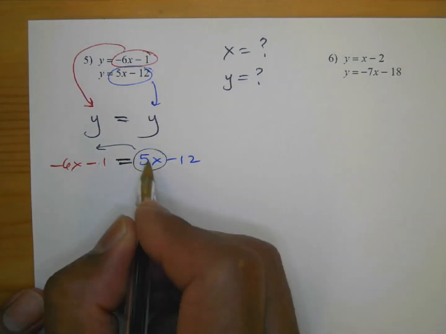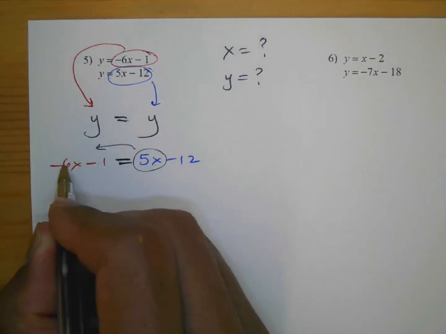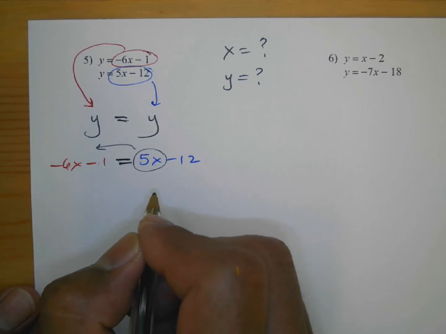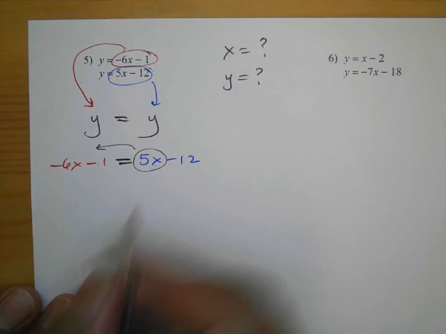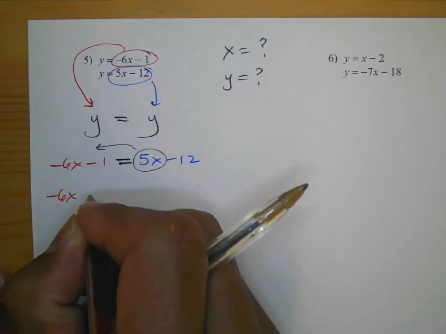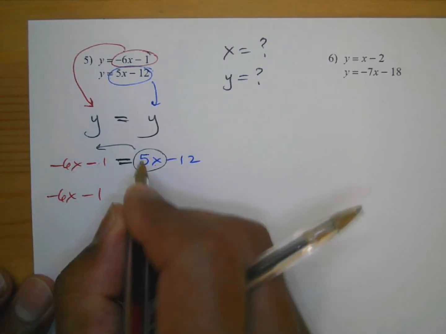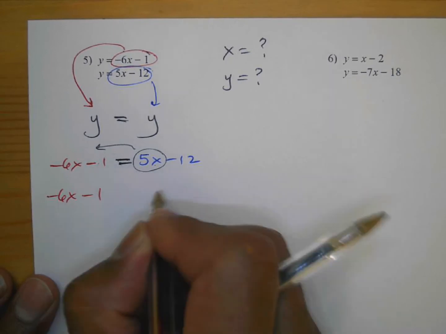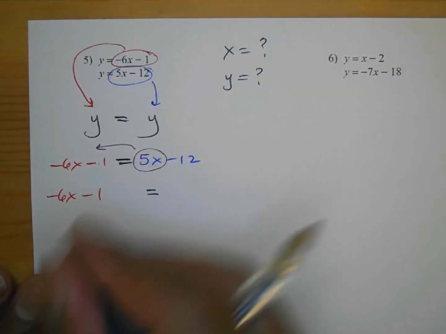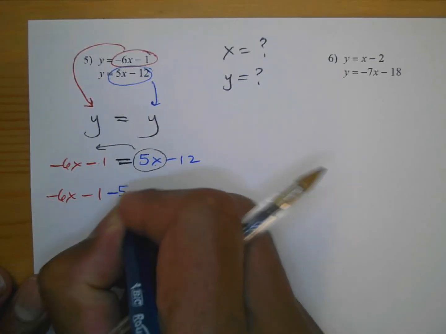I'm going to make two moves. If I move this positive 5x over to this side, all you have to do is change the sign. So if this is 5x positive here, and I now move it to this side, it's not positive 5x. It's going to be negative 5x. It changes sign.